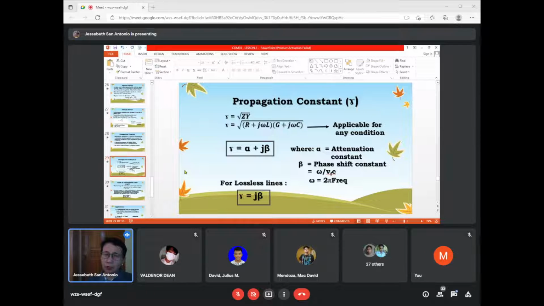So for lossless lines, the attenuation is 0. Hence, the propagation constant for a lossless line simply becomes j beta, no? It becomes j beta. Again, we shall use this equation later.